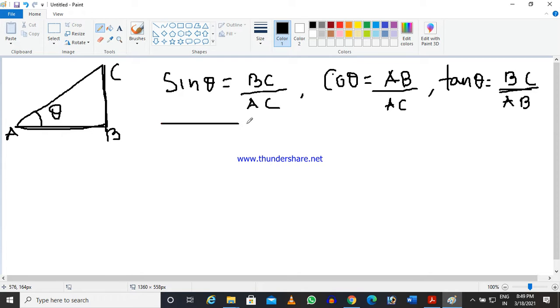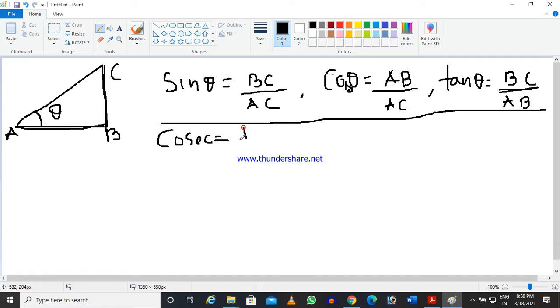And the opposite of sine, cosine and tan theta: it is called cosec theta, which is basically 1 by sine theta, and that is AC by BC.